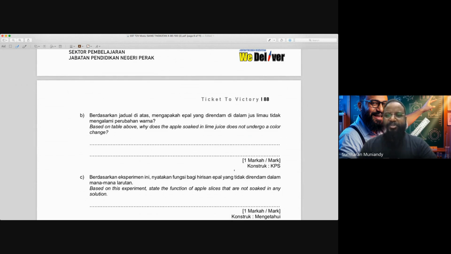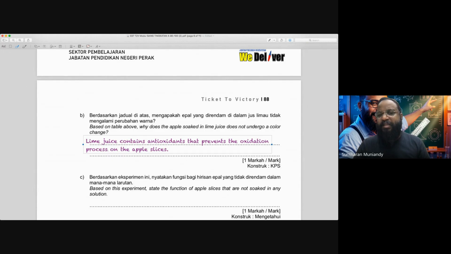Because lime juice contains antioxidants that prevent the oxidation process on the apple slices.